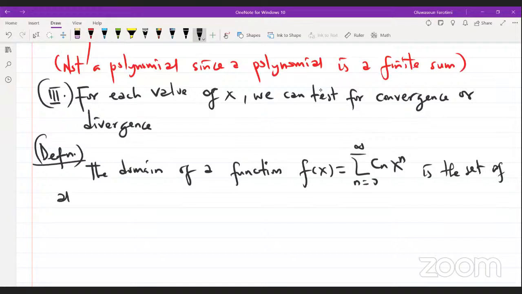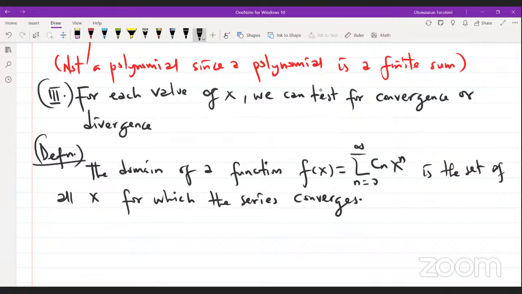Is the set of all x for which the series converges. Now, if I have a power series and I have a question like, okay, what is the domain of the function? Remember, we already established that we can write a power series as a function, right?